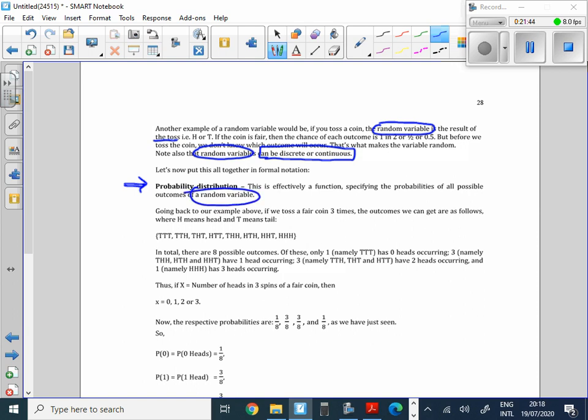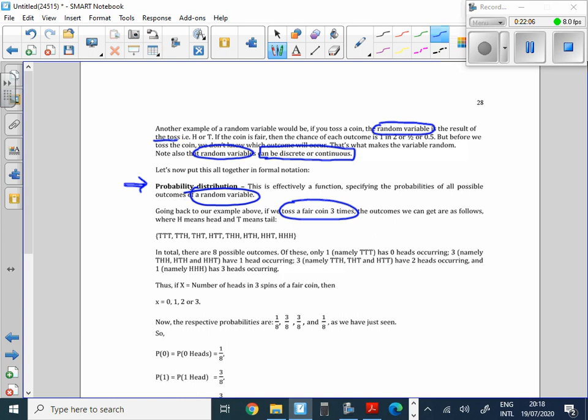So what are all the possible outcomes in this particular distribution? If we go back to my example and we say, I'm going to toss the coin 3 times, and now I want to get the probability distribution.